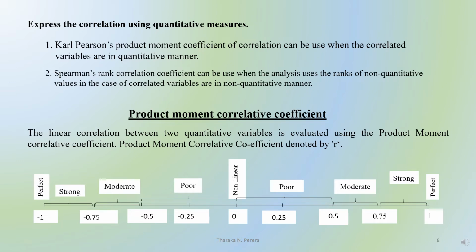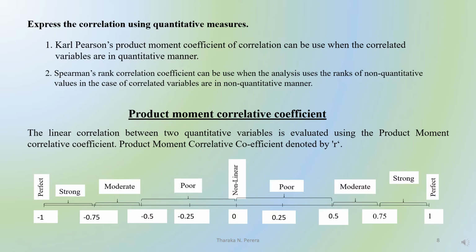And if r is closer to 1, that means r lies between 0.75 and 1, there are strong relationships. If r lies between 0.5 and 0.75, there are moderate relationships. And if r is between 0 and 0.5, there are poor relationships, poor correlation.